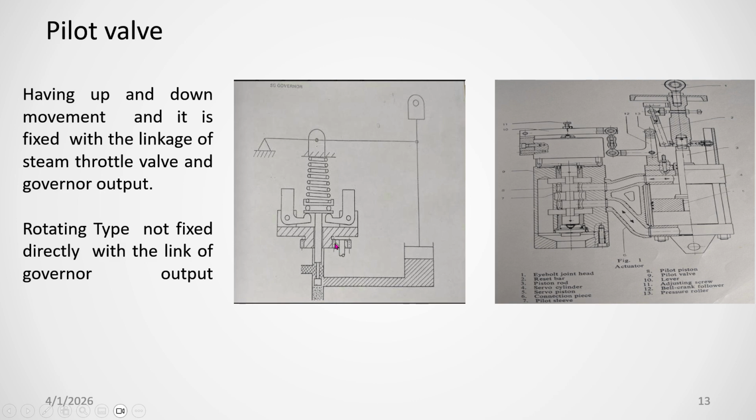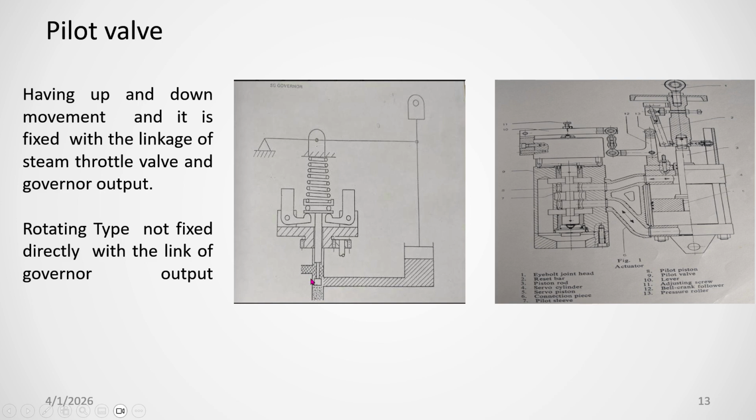When the RPM of the turbine is high, this will fly outside. This will move the pilot piston upward. When the pilot piston moves upward, some oil will drain, and this will move the steam valve downward. When the servo motor or steam valve moves downward, again what will happen? This will push the pilot piston downward.